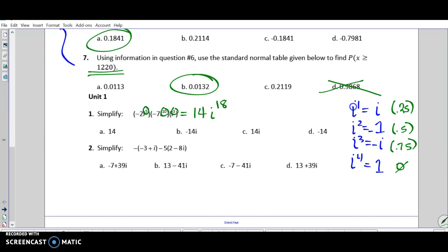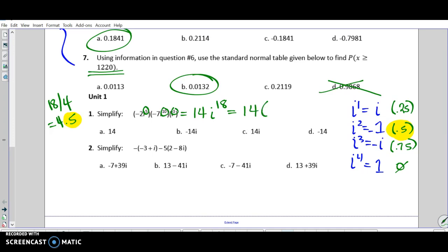Now, that's not simplified. You can tell that's not even one of your answers, so we've got to take 18, divide it by 4, and see what you get, because that's going to tell me which power of i, if I keep repeating this pattern, it will get back to. 18 divided by 4 is 4.5, so I really only care about this 0.5 part right here, because that matches up with i squared, which the value of i squared is -1.